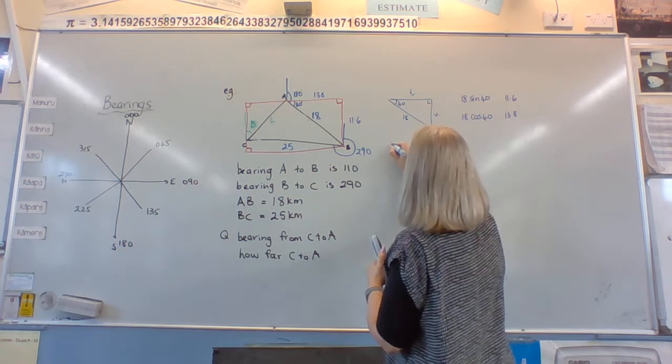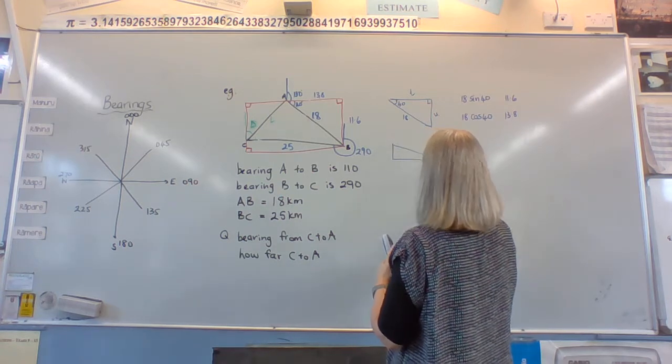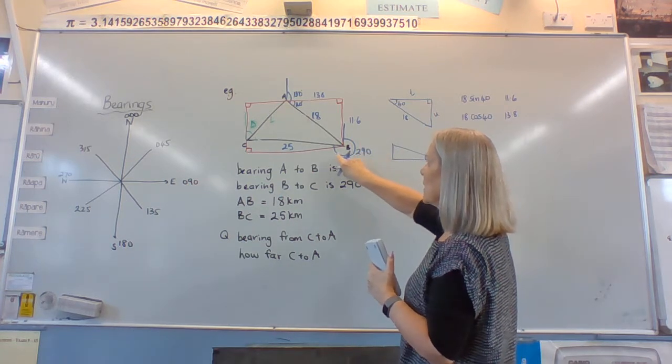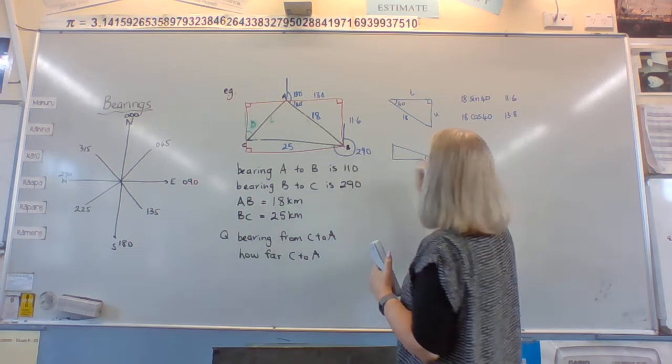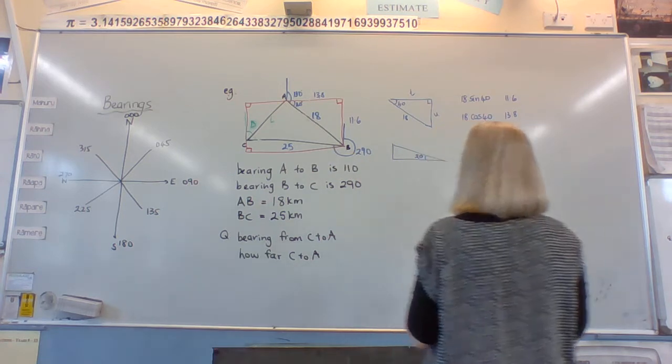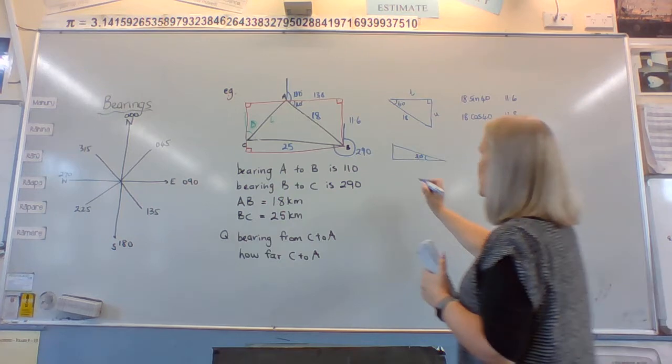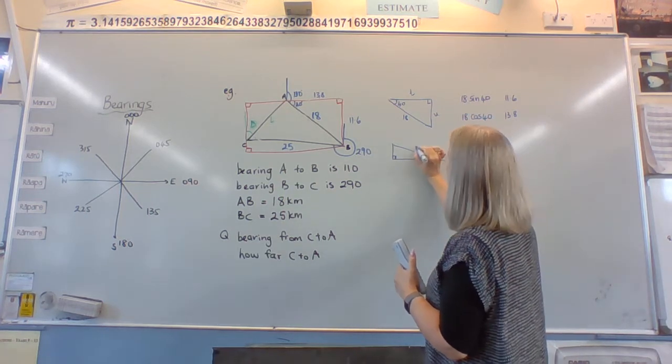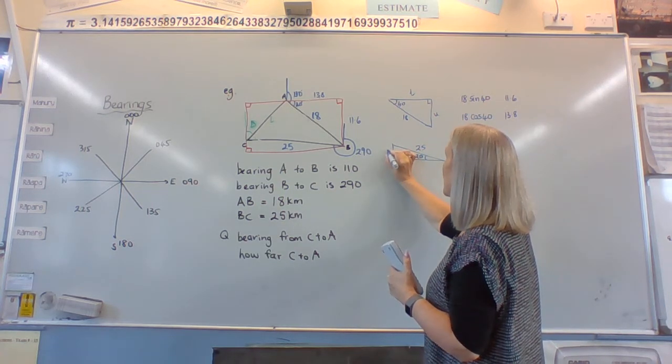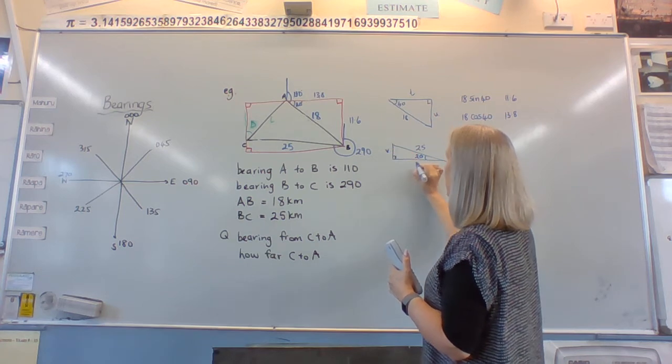My next triangle is this one, and this is 270 to the red line, and 20 more. It's a right angle because I made it so, and this is 25. Again, I can find this length and this length.